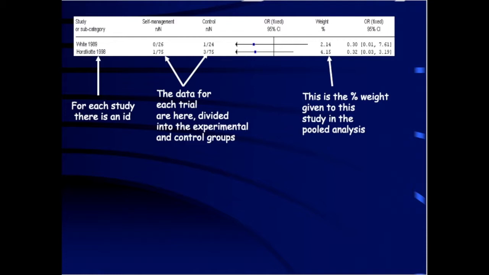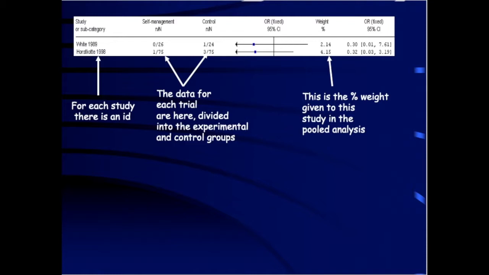We can see that the weight is given to the study. Again, visually you can look at the boxes, but I highly recommend you go ahead and look at the numbers associated with that study. The data, and these are persons. So when you review a meta-analysis, this is where you can get the number of persons if you want to calculate a number needed to treat, or if you want to calculate any of the other measures.